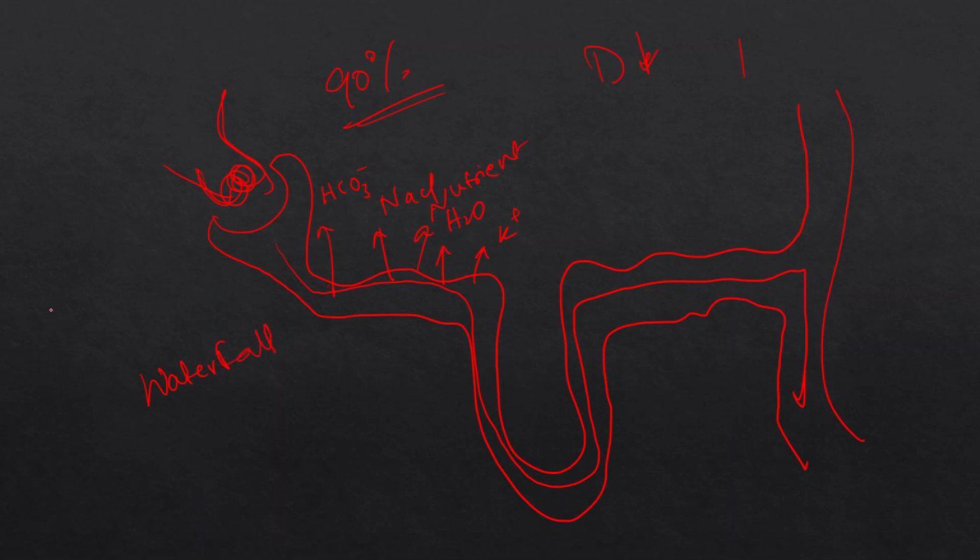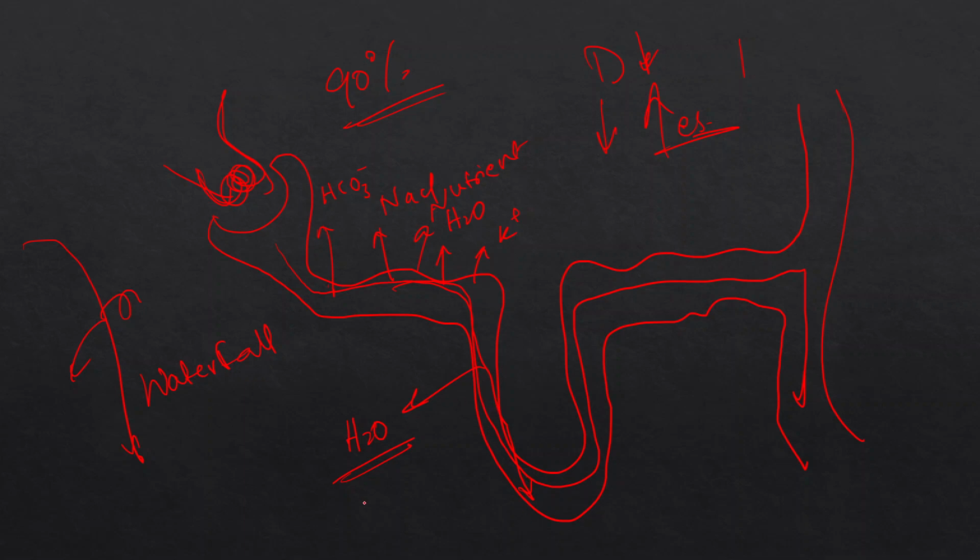From a high mountain top, water is falling. Same here: from the PCT, water is falling into the descending limb, so water gets reabsorbed here. Water decreases means concentration increases. Simple.